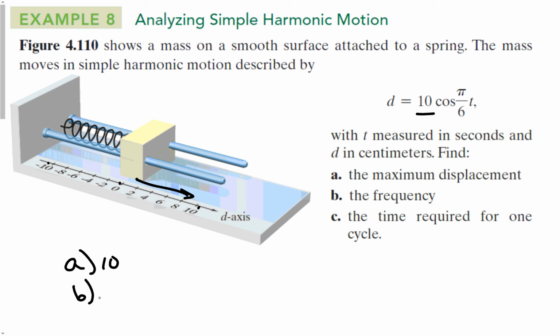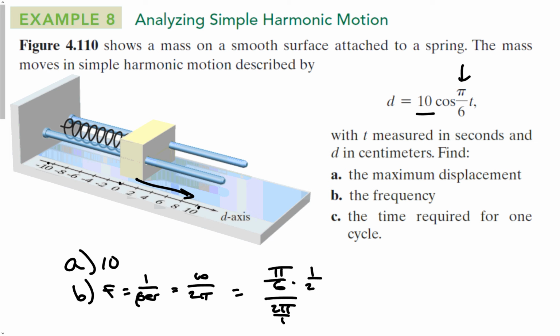So B is the frequency. So the frequency is 1 over the period, or omega over 2 pi. So that's omega, pi over 6, over 2 pi. So we just multiply by the reciprocals, and we get 1/12.